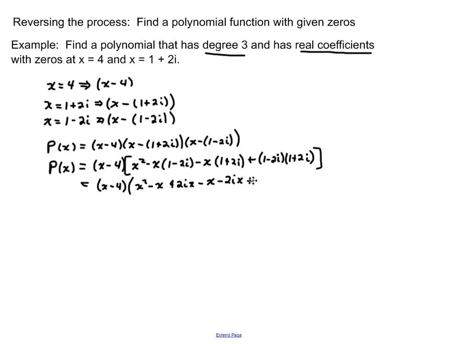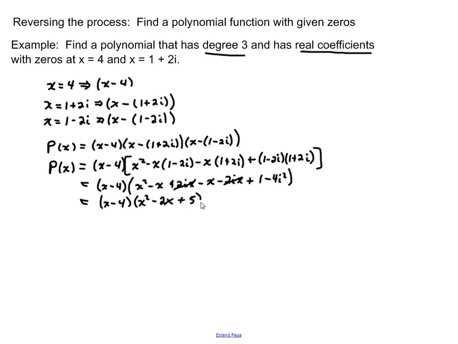And we're going to be adding to that 1 minus 4i squared. Simplifying one more time, that'll give us x minus 4 times x squared minus 2x plus 2ix, and minus 2ix will cancel. Minus 4i squared is the same thing as plus 4, so it's 1 plus 4, which is 5.